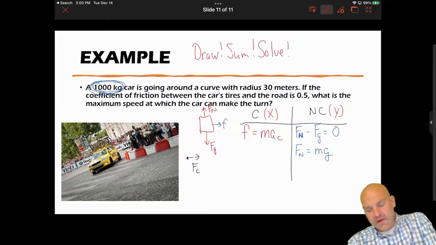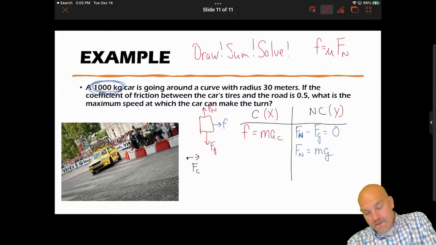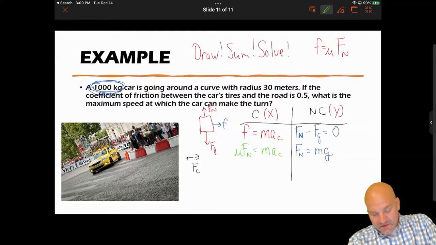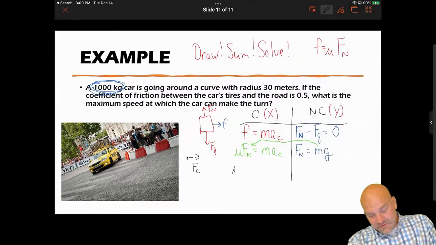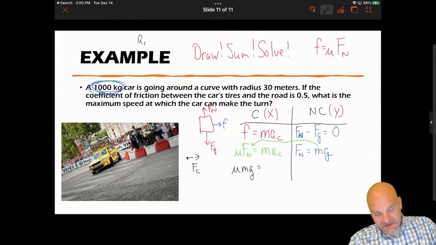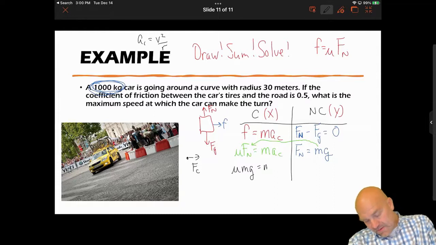Okay, but remember, friction is mu Fn, right? And so I'm going to say mu Fn equals m a c, but we found Fn to be Fg, or mg. So I'm going to say mu m g equals, and we also know that a c is v squared over r. So I'm going to plug that in.